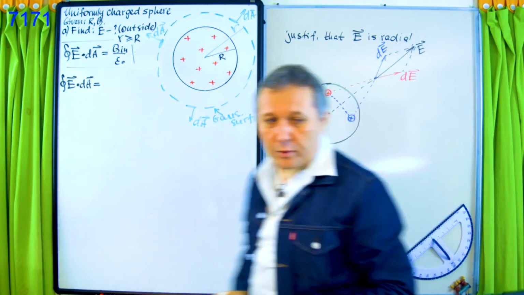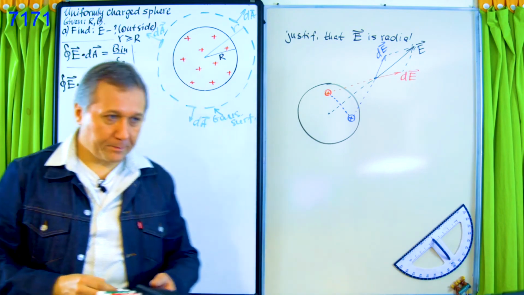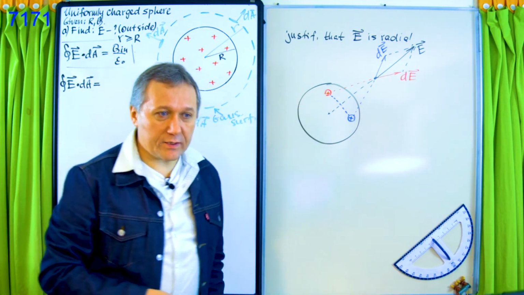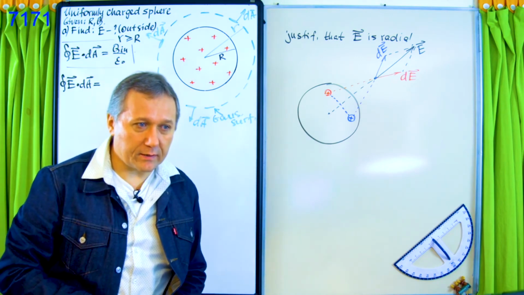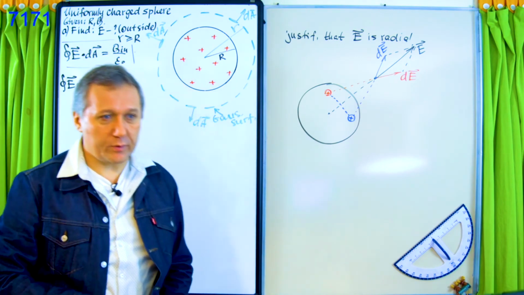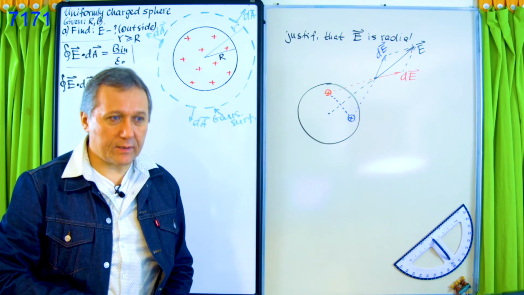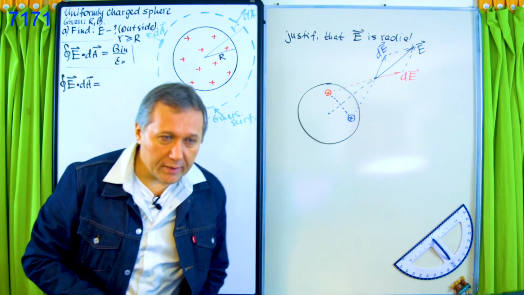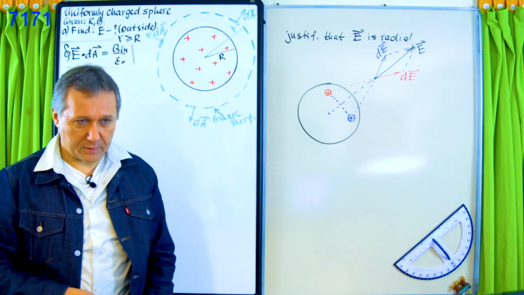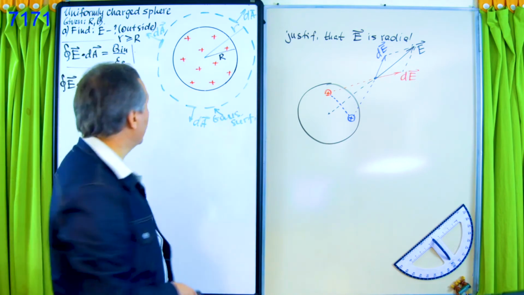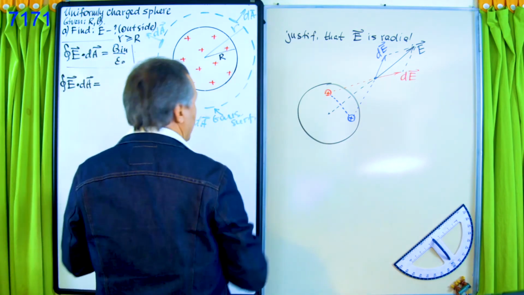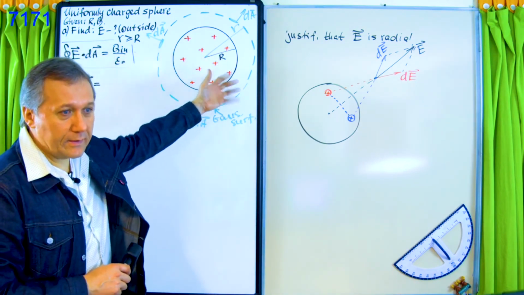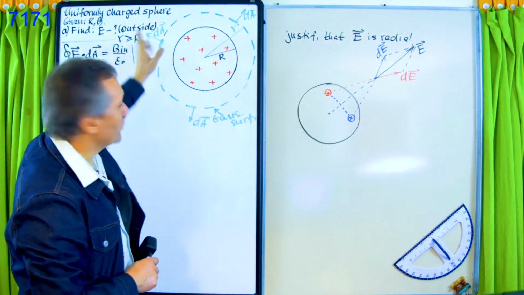You see, only the radial component is left, because for any charge on this side, I can find a symmetrically positioned charge on that side, and the tangential components will be cancelled. As a result, the net electric field around the sphere must have only radial direction.